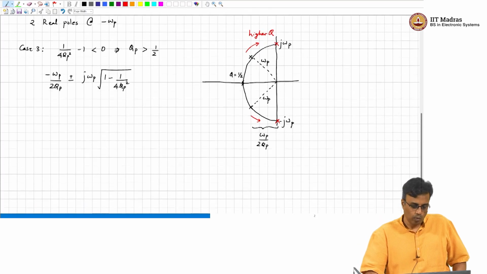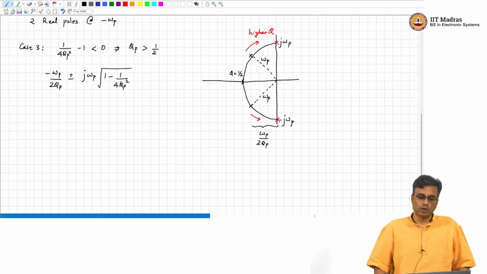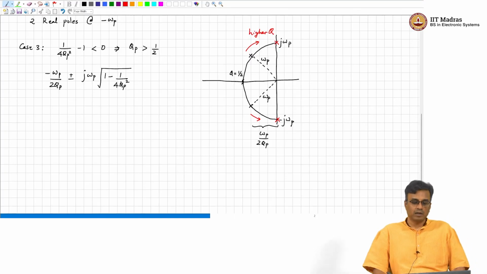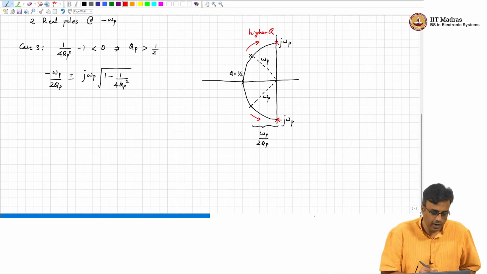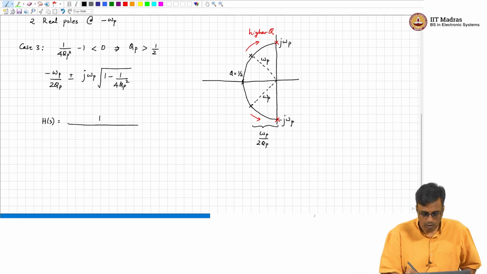Now, to summarize our discussion so far, with a standard second order denominator, namely a second order low pass filter, this is 1 plus s by omega p Qp plus s square by omega p square.